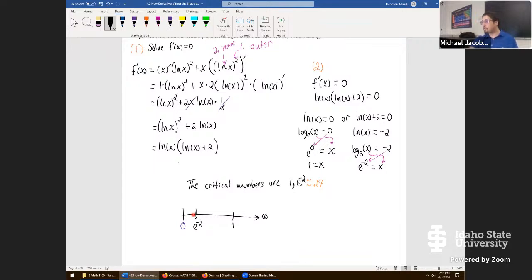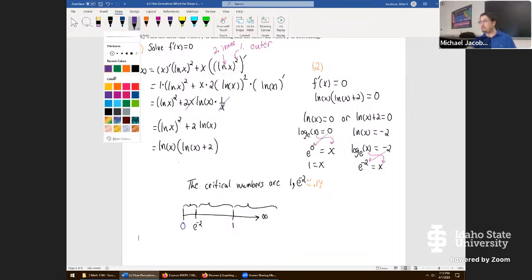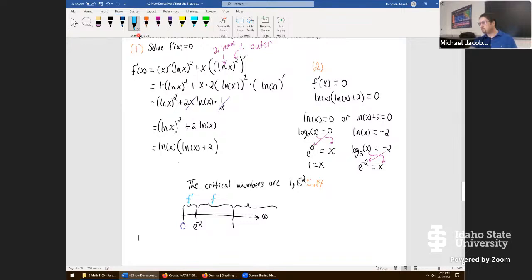And now we have three different regions we have to analyze. These two finite regions, and then this infinitely long region. They're all going to be relative to the derivative, f prime. So let's use a different color here. Now, next step, we have to find the test values in here, here, and here to place.